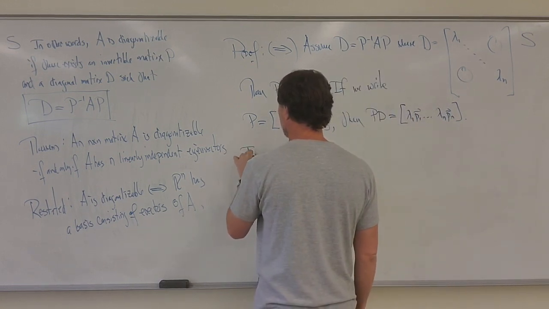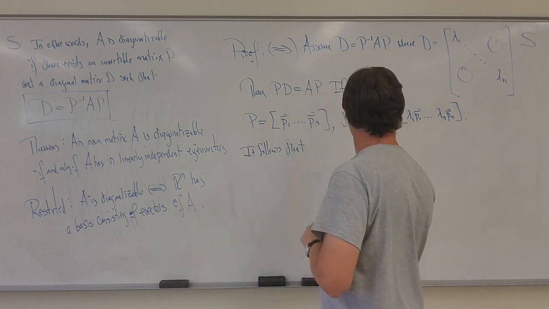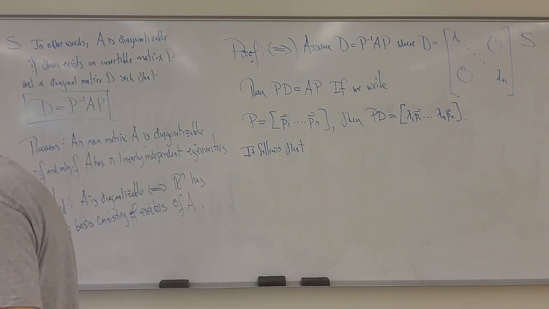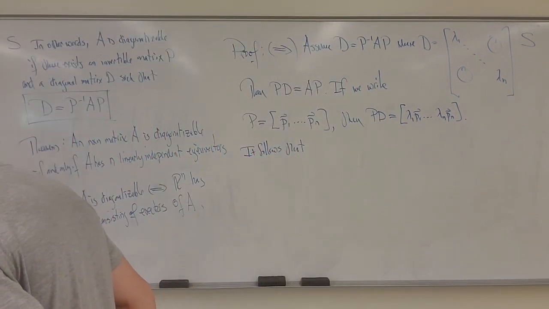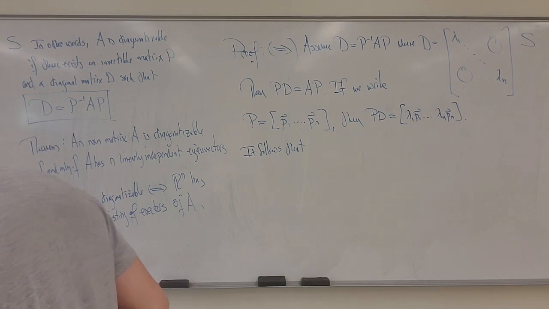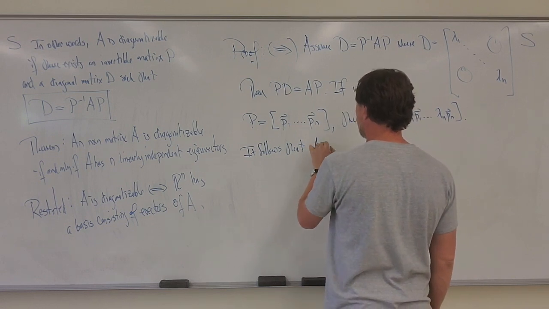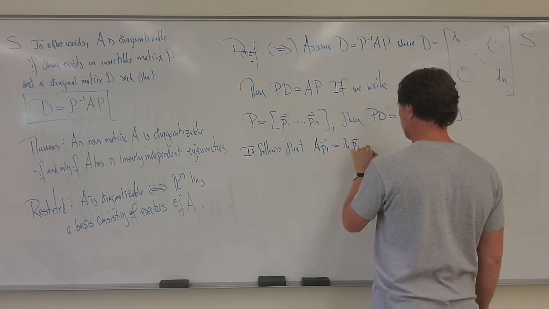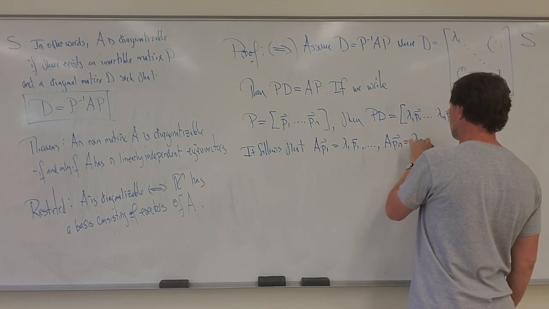So it follows that A times P1 is equal to lambda 1 times P1, all the way up through A times P sub n is equal to lambda n times P sub n.